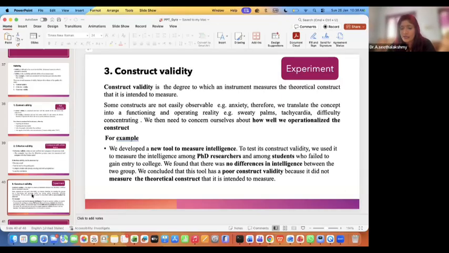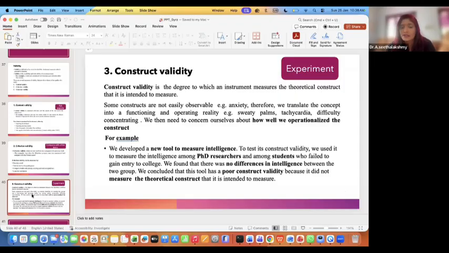Through our instrument, if we get a result that there is no difference in the level of intelligence among the students who failed to get PhD admission and those who got it, it means there is something wrong with your tool.